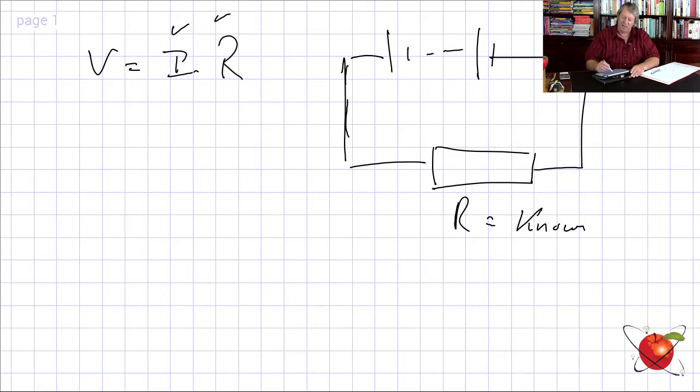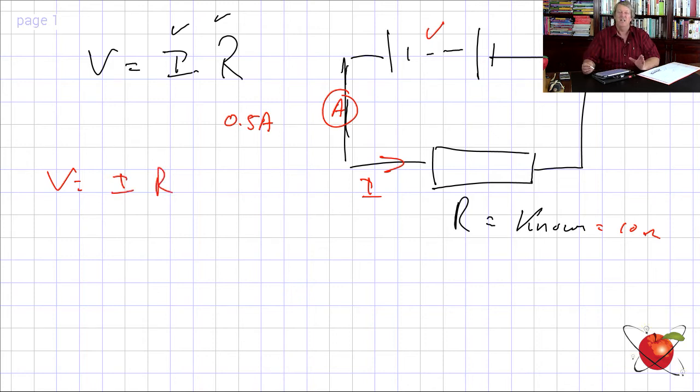Now let me put in my I. They might have told us there's an ammeter over there and the current is 0.5 amps and the resistance was 10 ohms. Therefore calculate V. V equals IR. This is a simple circuit. We do it for all of the circuits.